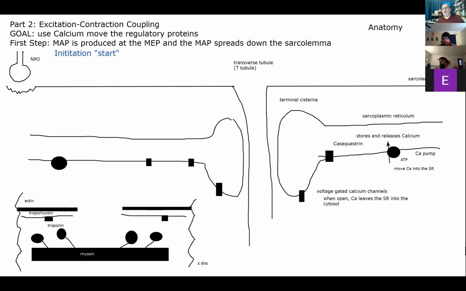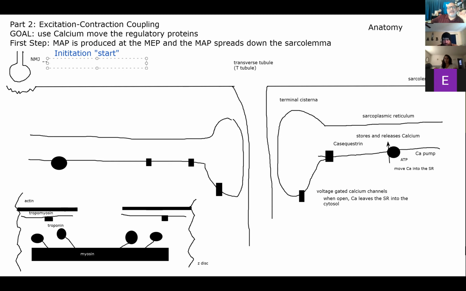As we already know, where and how does excitation contraction coupling begin? When the muscle action potential is produced at the motor end plate and spreads down the sarcomere. Exactly.